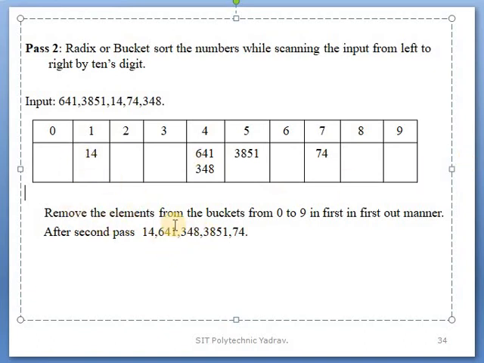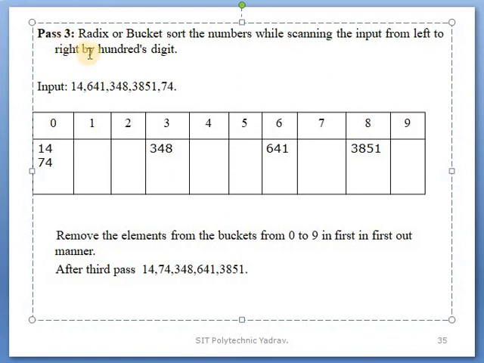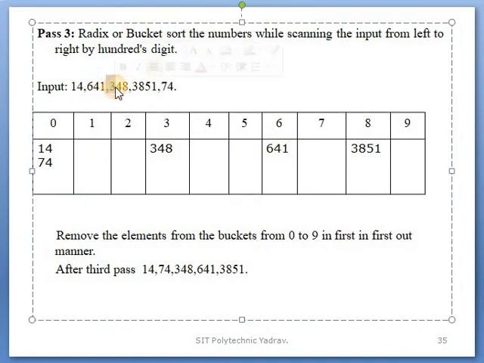Which means 14, 641, 348, 3851, 74. Clear? And these are the input to the next pass, number 3. In pass number 3, the numbers will be sorted using the hundreds digit position. In 14, there is no hundreds position number, so consider it as 0 and write in pocket 0. In 641, 6 is the hundreds position, so write in pocket 6. In 348, 3 is the hundreds position, so write in pocket 3.